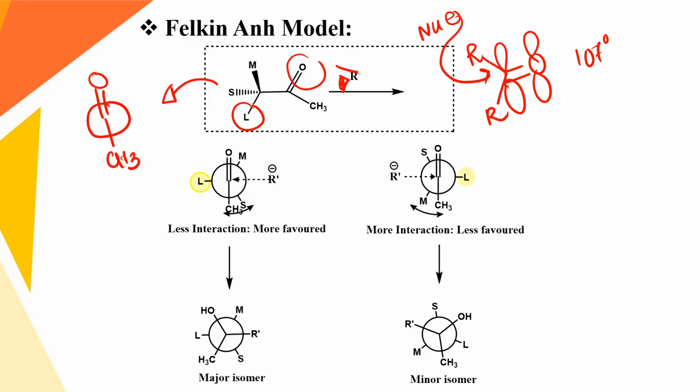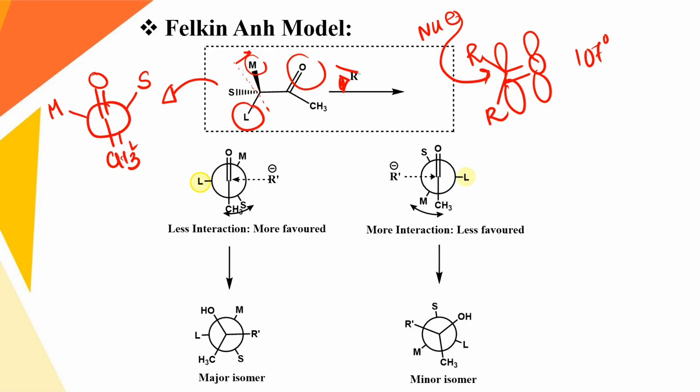Now the L part is anti to it, so L will be here. Now between these two are the middle group and the small group. You can remember this: draw an imaginary line here. The M group is present on the right side of this imaginary line, which means when we view from that side, it will be on the left side. So M will be here. Similarly, S will be here.